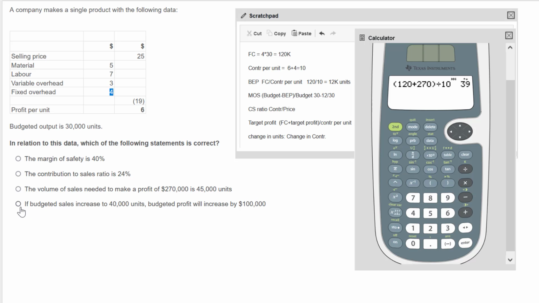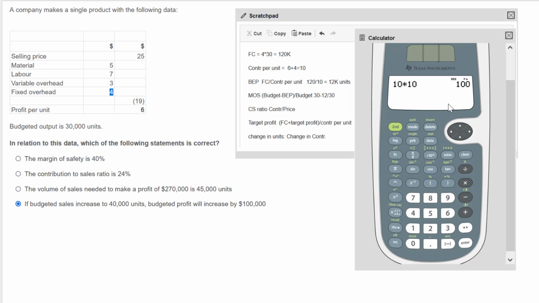At this point, I would just guess at the fourth one and move on. But let's prove it and make sure that we're good. If budgeted sales increase to 40,000 units, that's a change of 10,000 units, isn't it? 30 to 40 is 10,000 units. And the contribution per unit is 10, so our contribution will increase by 100,000.